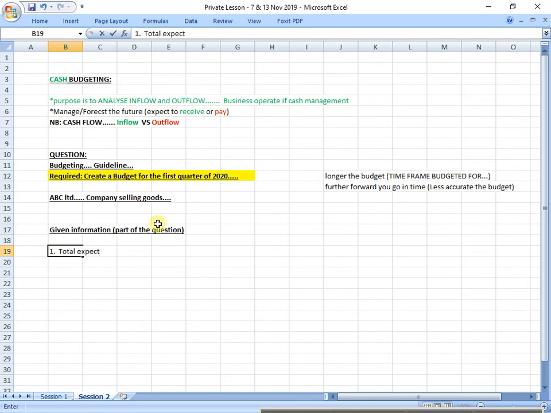Total expected sales for the next 3 months starting January 2020 is 1 million.